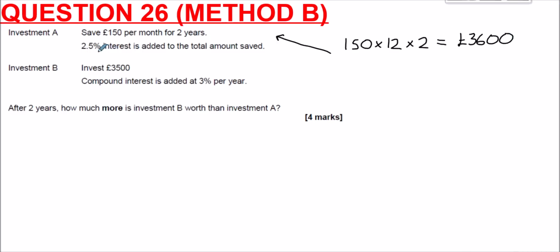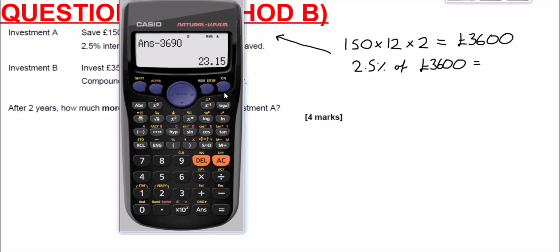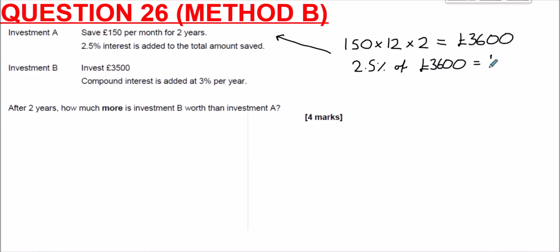We then add 2.5% interest onto that afterwards. So now we can work out 2.5% of 3,600 and add that back on. So once again, percentage just means out of 100. So 2.5% means 2.5 out of 100, and that multiplied by 3,600, which is 90.